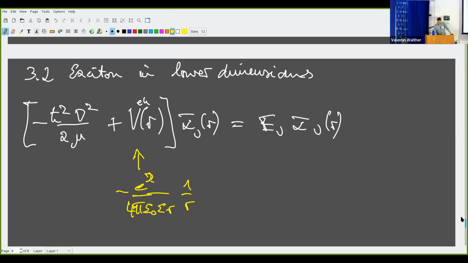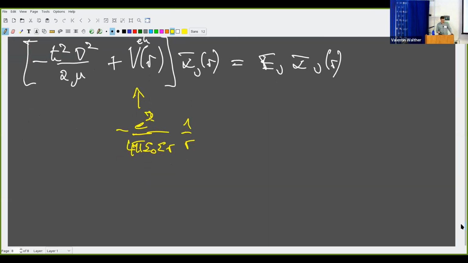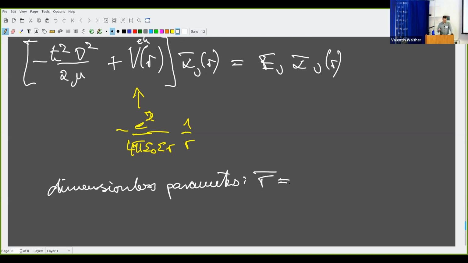At this level, we can already make some interesting conclusions. To see this, let me introduce dimensionless parameters. We scale all length scales r by some arbitrary unit r0, and we scale all energies by an energy unit E0.